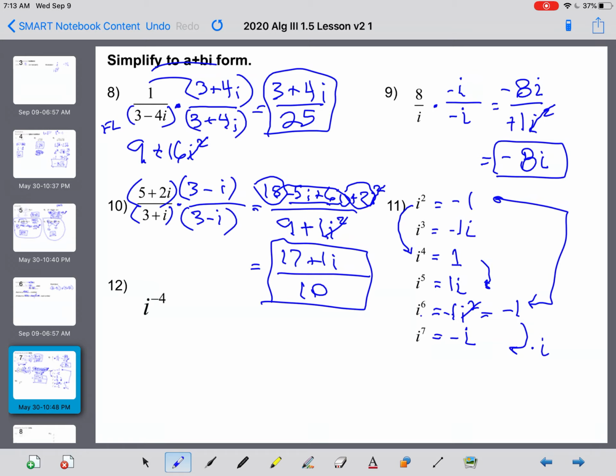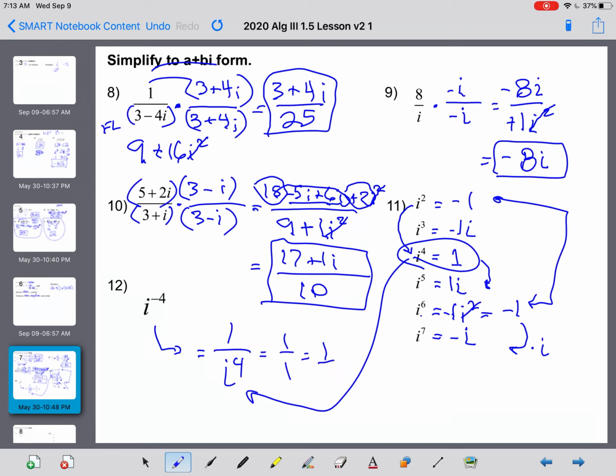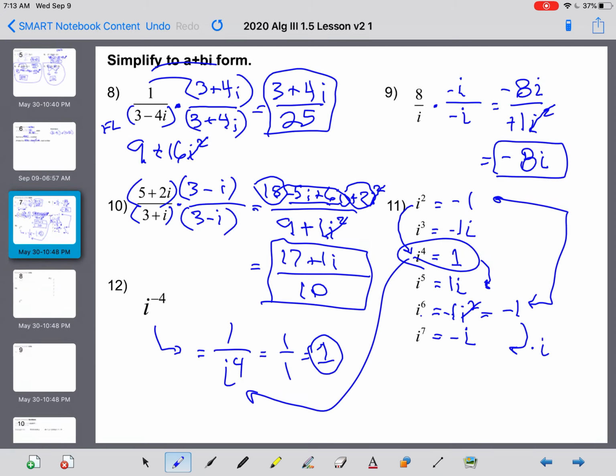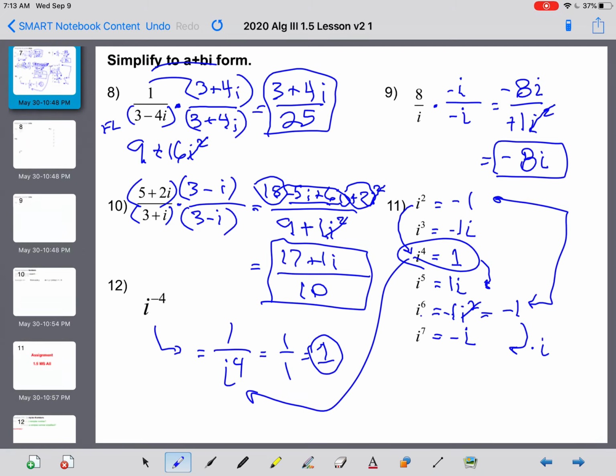Every 4 is like the previous 4. This one here, negative exponent, we get this. Now I'm going to take this guy and bring it over here. So I get 1 over 1, which equals 1.